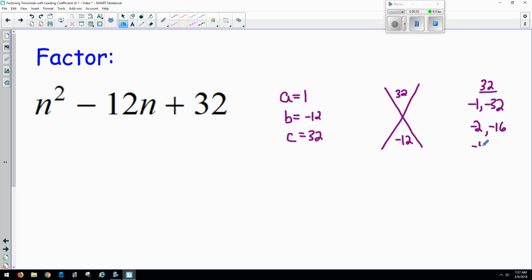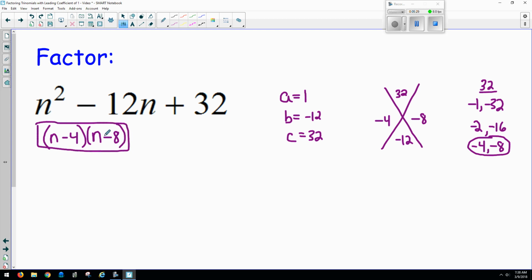I could have negative 4 and negative 8. And that actually is going to be our winning combination, negative 4 and negative 8, because when I add those two together, that gives me negative 12. So negative 4, negative 8, and that's what I'm going to plug in. So I have x minus 4 times x minus 8.